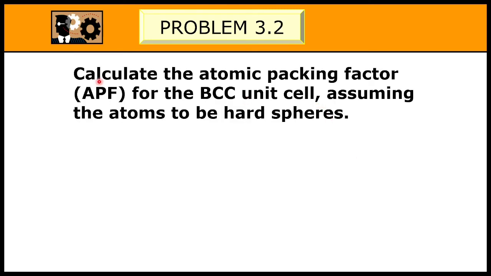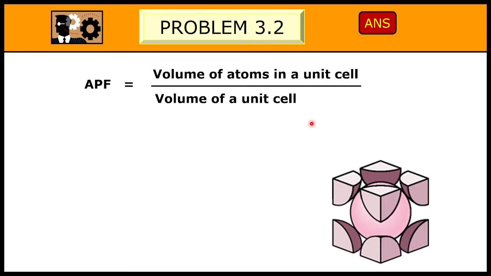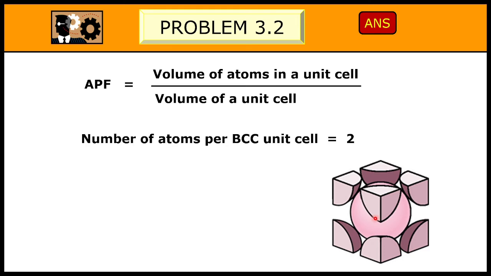Second example: calculate the atomic packing factor for the BCC unit cell, assuming the atoms to be hard spheres. The atomic packing factor, APF, is the volume of atoms in a unit cell over the volume of the unit cell. For BCC, the number of atoms is 2.